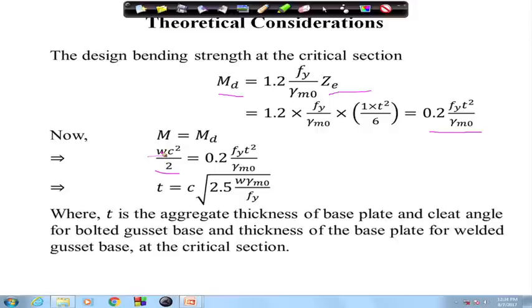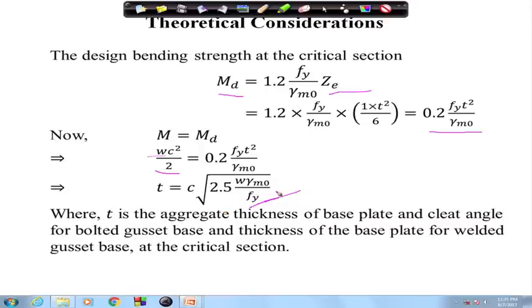Equating this, I can directly find out the thickness of the base plate, that is the aggregate thickness, which includes the thickness of the cleat angle or gusset angle along with the base plate, that is C into root over 2.5 W gamma m0 by Fy.